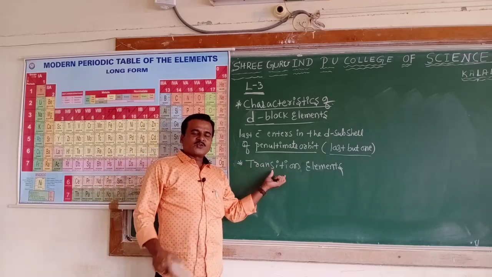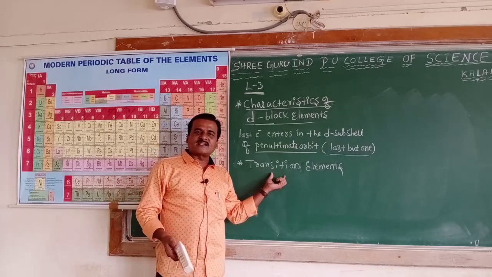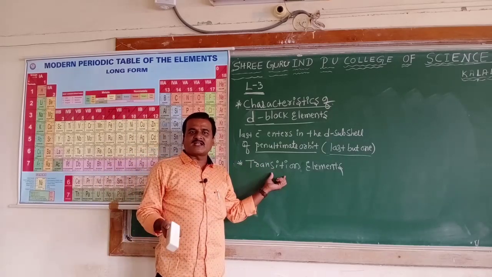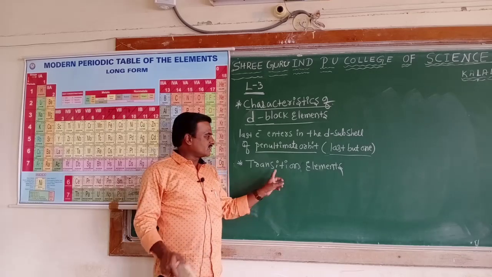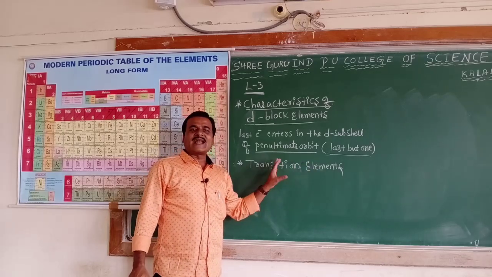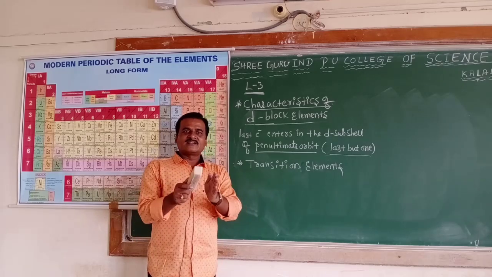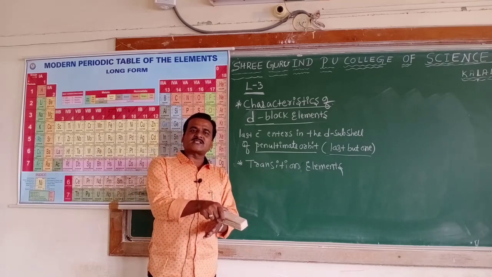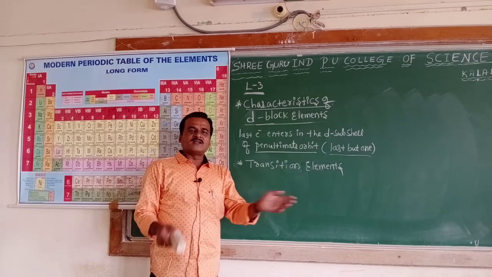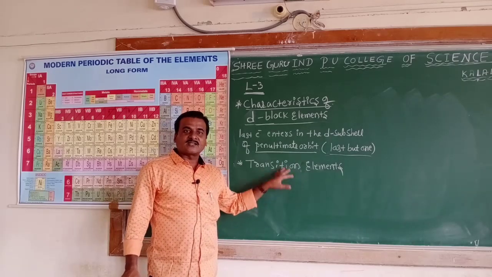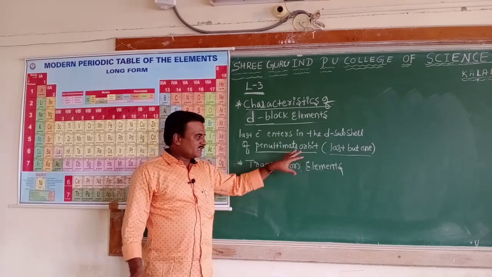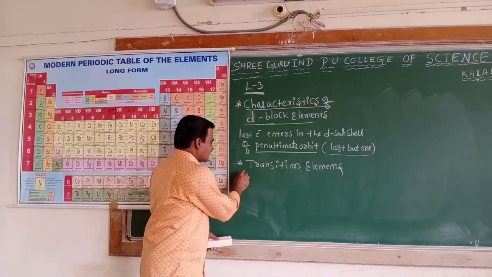They show a metallic character as well as a non-metallic character. Transition elements show the properties of s block as well as p block. That's why they are called transition elements.